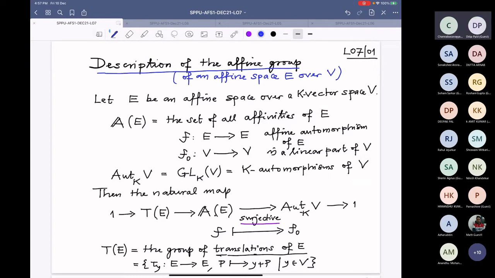And we are looking at bijective maps because we are looking at isomorphisms, automorphisms. Therefore, this group has to be related to V plus and GLK, and that is what I am going to patch up together. That is what one means by description of the affine group.